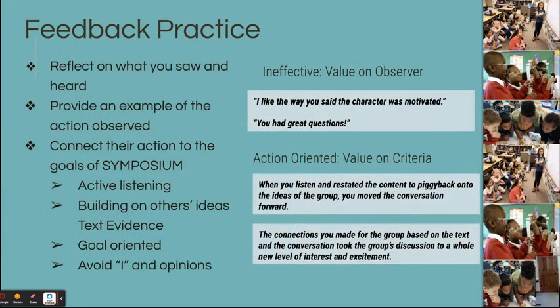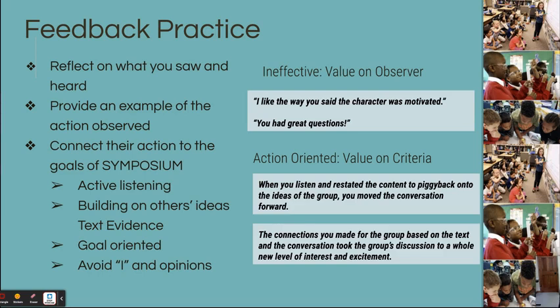Then we go into the idea of how you give feedback that's not personal, not evaluative. It's about the success criteria for the Symposium and the unit, and about what students did and said, how they responded, and how they used evidence in the conversation. If you look at the slide, we want action-oriented feedback.